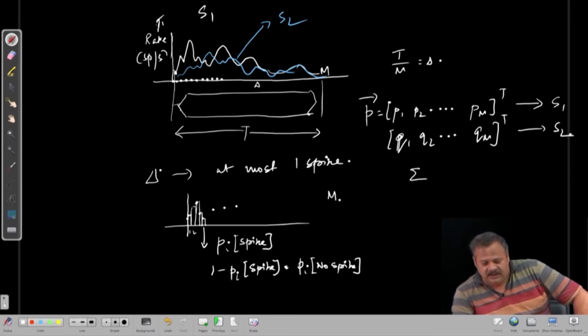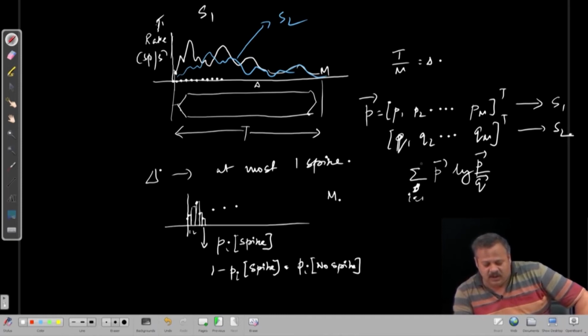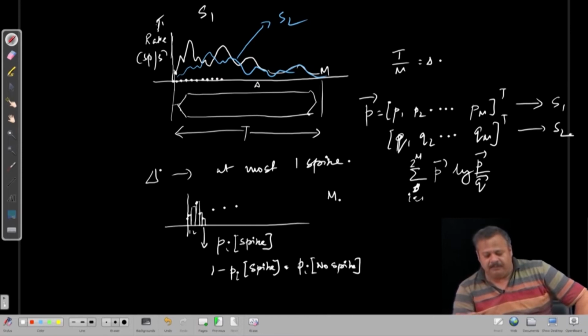It is basically going to be all possible 0 1 combinations. That is essentially the 2 to the power m possible values that the vector p can take, so this is summing over p log p by q, over 2 to the power m values. Let us say i equals 1 to 2 to the power m.